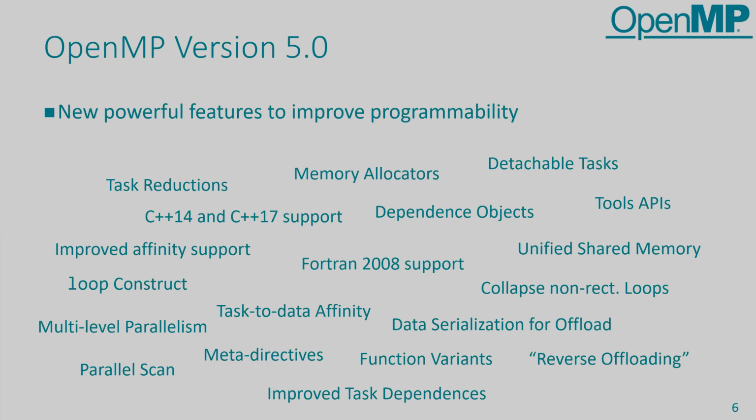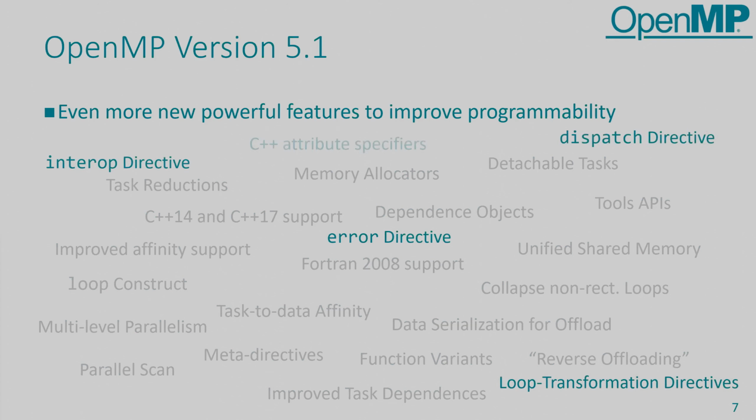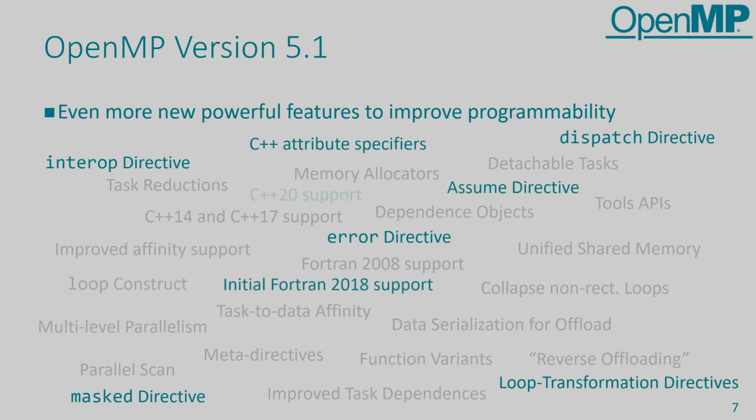And then on top of that, OpenMP 5.1 went ahead and refined several of those features and made them more useful and more succinct. On top of that refinement, we also introduced new directives. So for instance, the loop transformation directive, where you can now talk about tiling and unrolling. We added C++20 support.